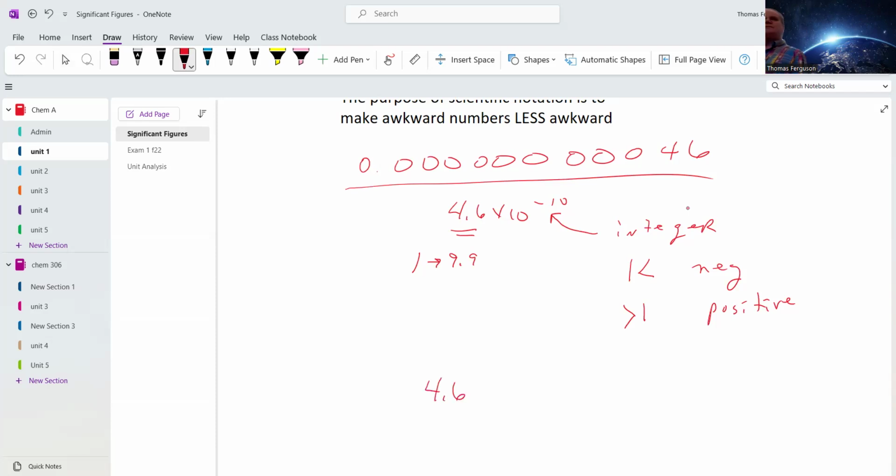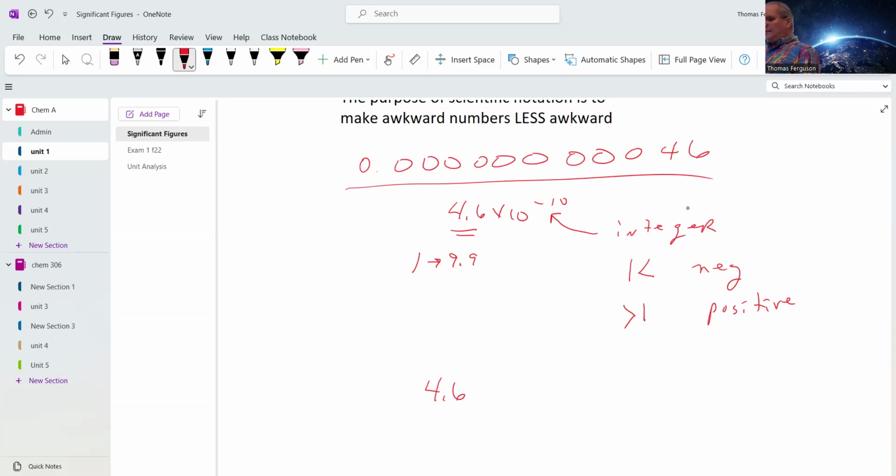And what do we do to convert that number to 4.6? Are we going to divide or multiply? No. It's got to be the other. We have to multiply because this is a tiny number and this is a much bigger number. So to go from the tiny number to the big number, we have to multiply.